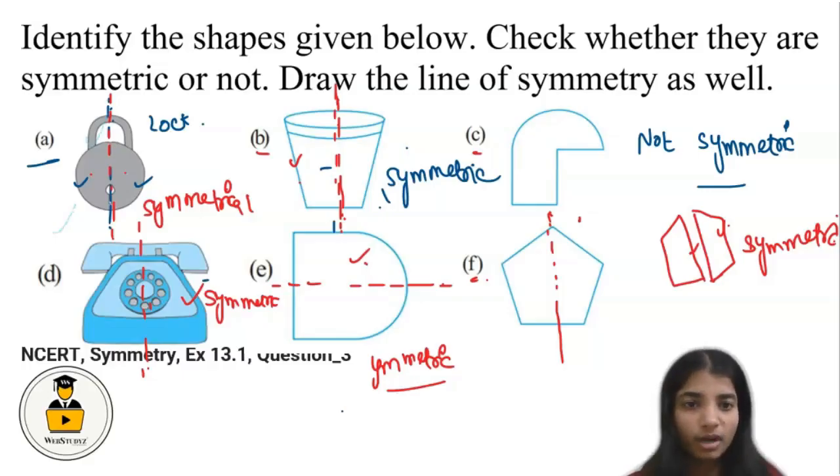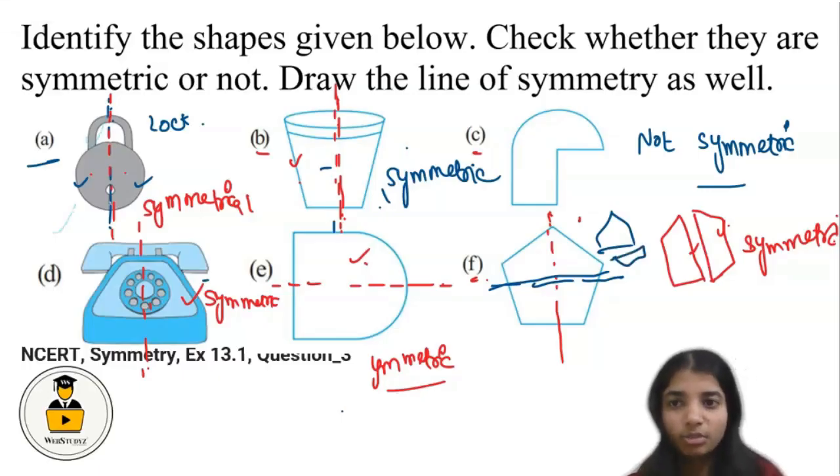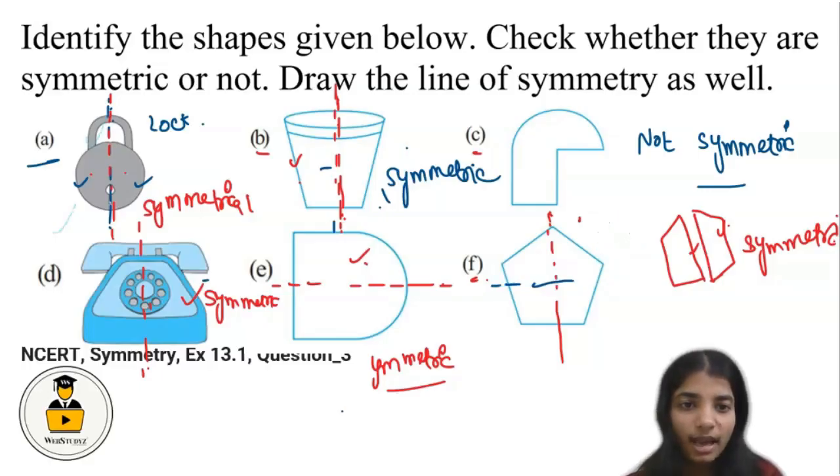If we draw another line from the other middle, let's say this blue line, you can see that the shapes are different on both sides. So we can say that the line of symmetry is the red line here, and this is a symmetric figure.